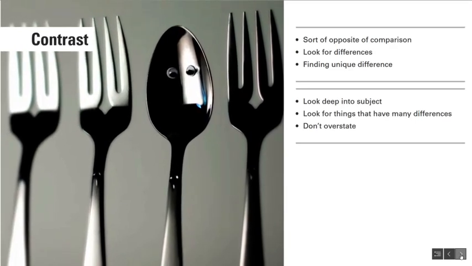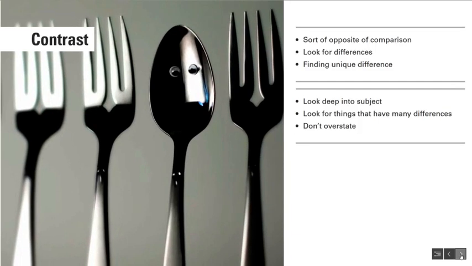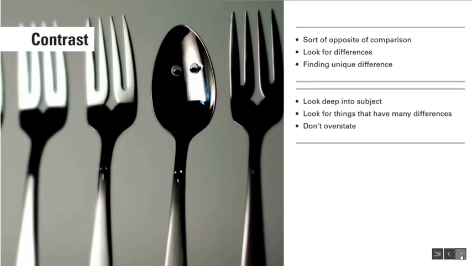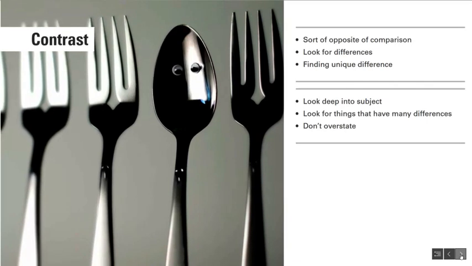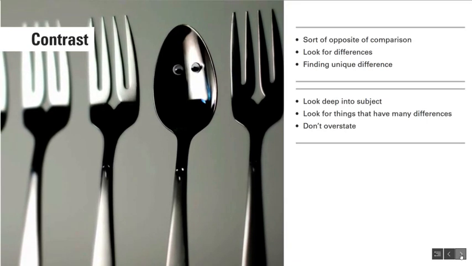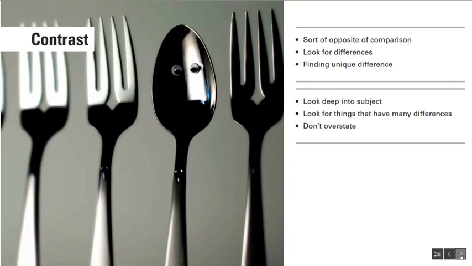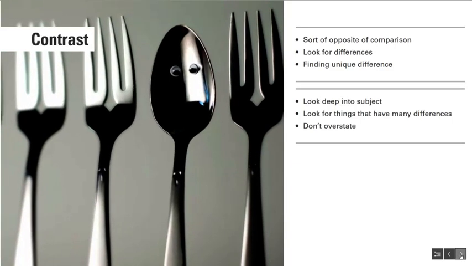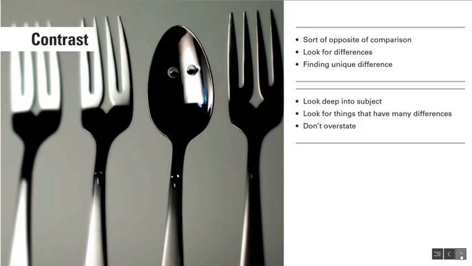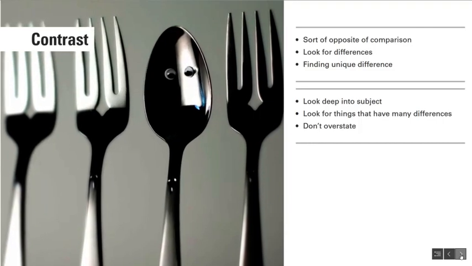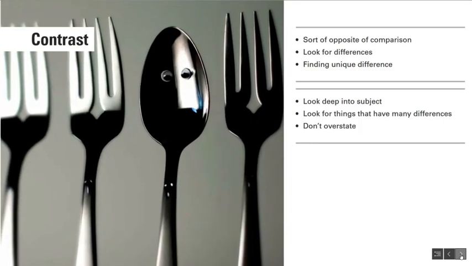And also look at the things that have many differences. You don't want to just have things like those glass bottles, where basically the difference between the two was that one was small and one was large. That's not enough to write about. And again, don't overstate with your subject.